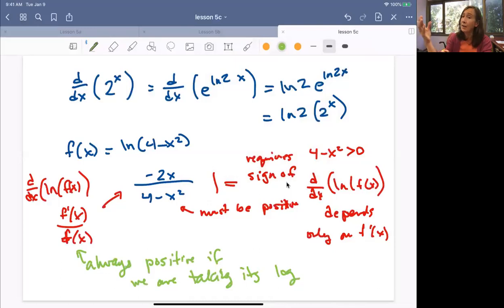So if we want to avoid using the product rule because it's complicated and we hate it, and all we care about is the sign of the derivative, we can find the sign of the log of that product. Because it's a log, the log of the product becomes the sum of the logs, and we can find the derivative of the sum easily. The addition rule is easy, and the sign will not be affected. The sign will just depend on the derivative of the function that we started with.